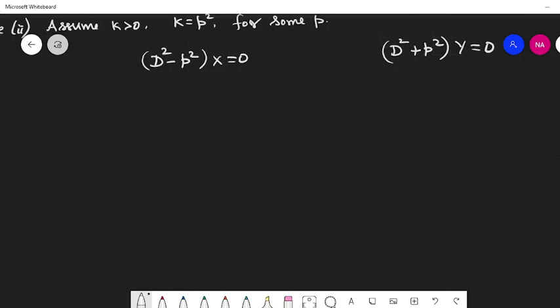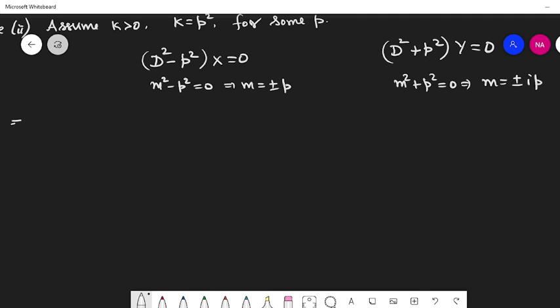Now, if I write the auxiliary equation, m squared minus p squared equals 0, so m equals plus or minus p. Here m squared plus p squared equals 0, that implies m equals plus or minus ip.